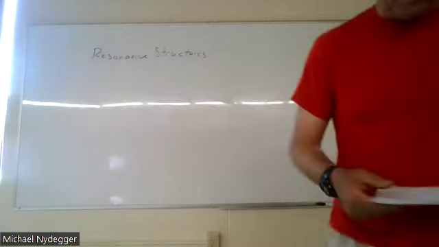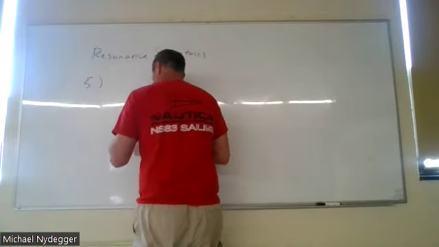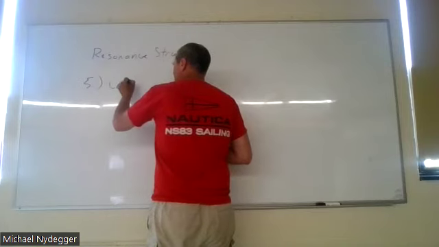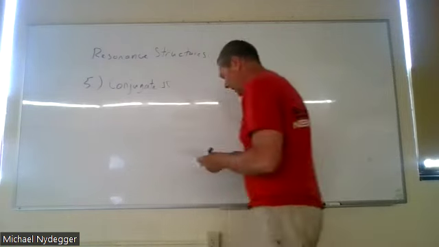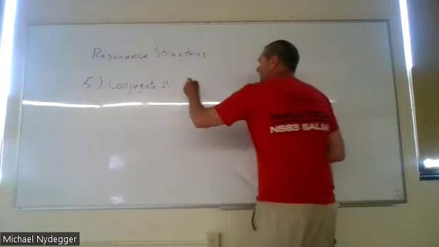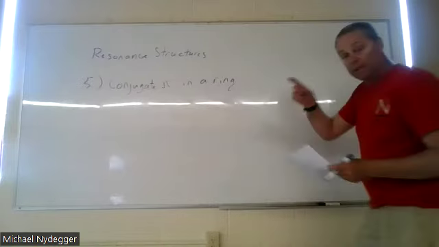Last and not least, number 5: conjugate pi bonds in a ring.